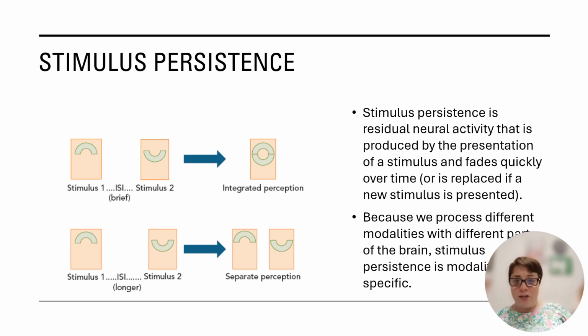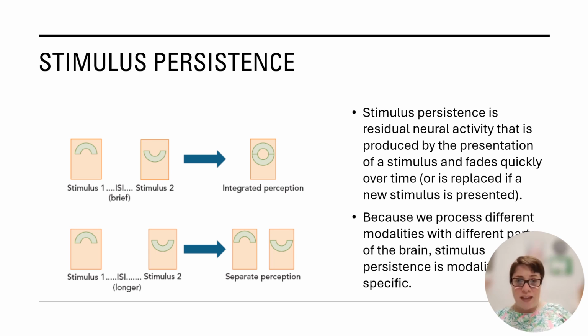So temporal integration is evidence for a brief period of stimulus persistence, but its fleeting nature discounts the typical descriptions of iconic memory, right? So basically, stimulus persistence is kind of similar in essence to the pre-categorical argument, right?